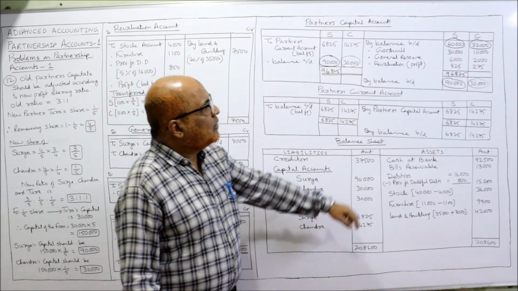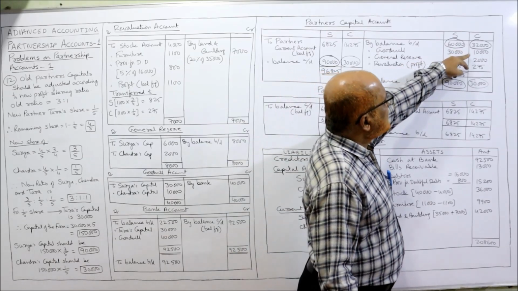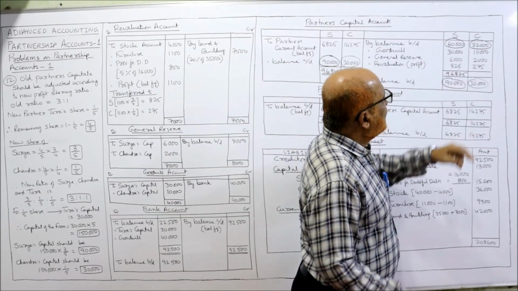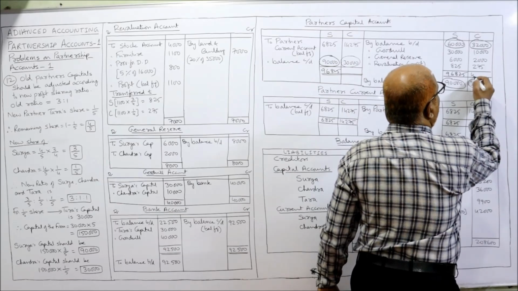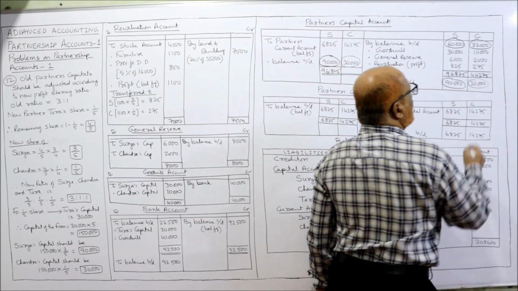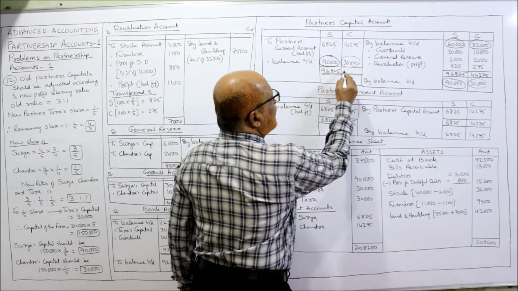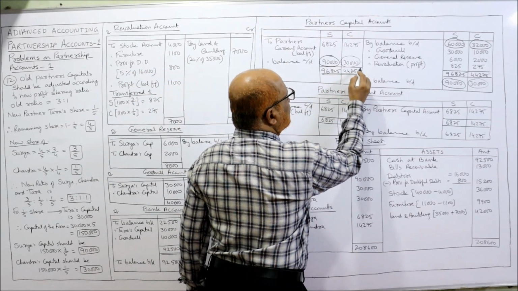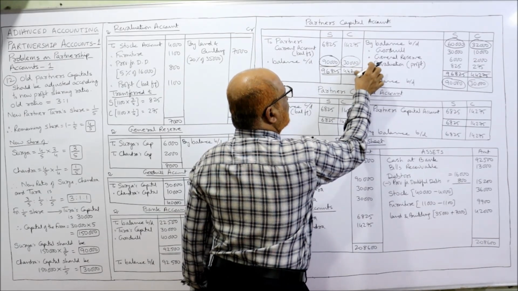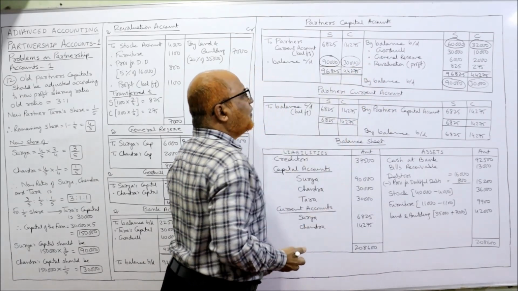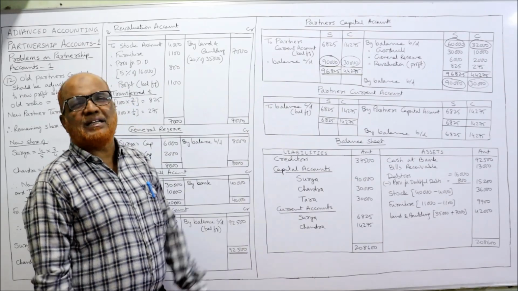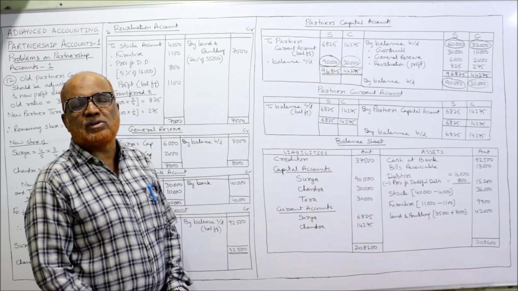For Chandra, you can see here 32 plus 10, 42, 43, 44,275. 44,275 is the credit total. The same 44,275 I am taking here. 44,275 minus 30,000 is 14,275.